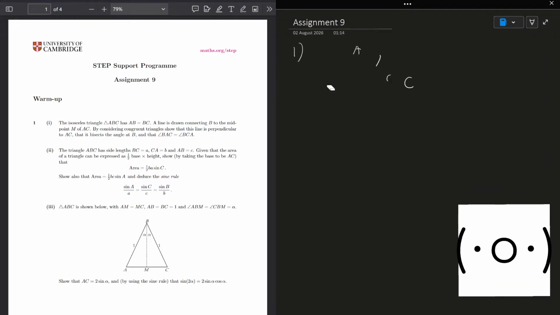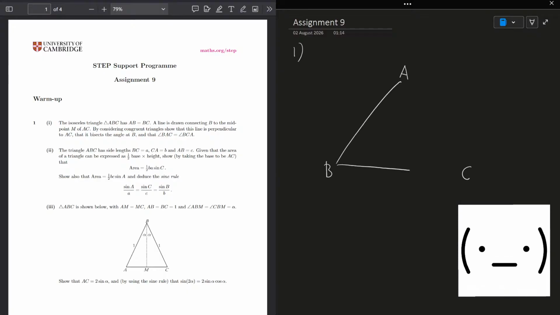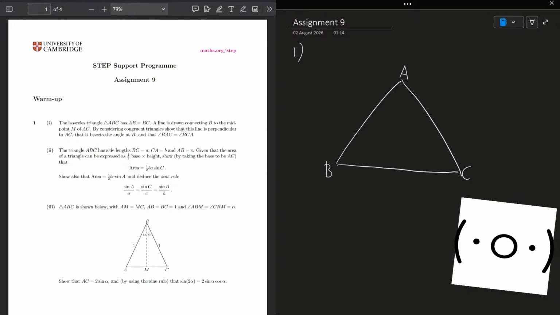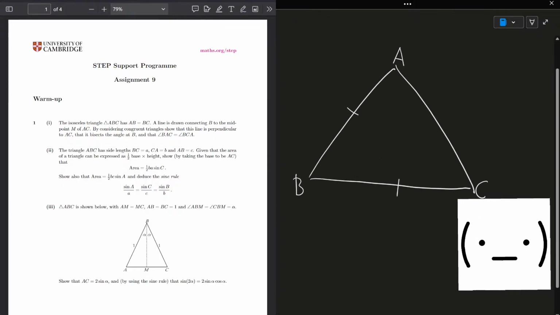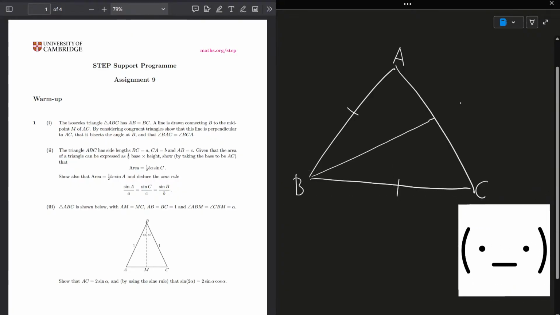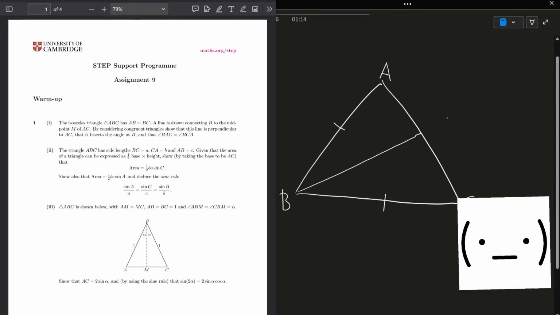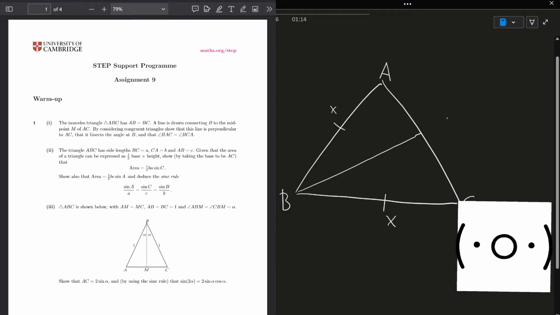So we are going to need a bigger diagram first. So let's draw some A, some B, some C. From the start, I already realized I drew it wrong because this is the isosceles. So we draw a line here. And so we can say this is some x, this is some x.